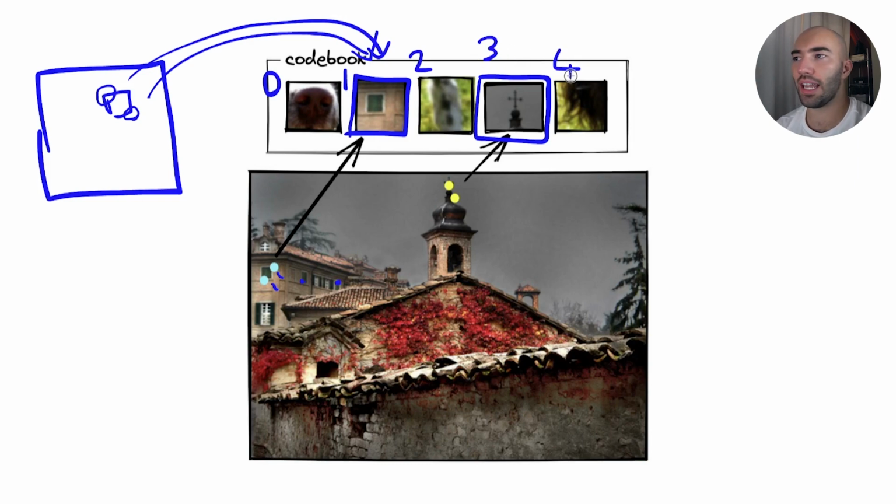And let's for now pretend this is our entire codebook. That means that this image here would now be represented by the number of visual words that we found, so the frequency of these visual words. So at position 0, we have a dog's nose. We didn't see any of those in this image, so that would be 0.